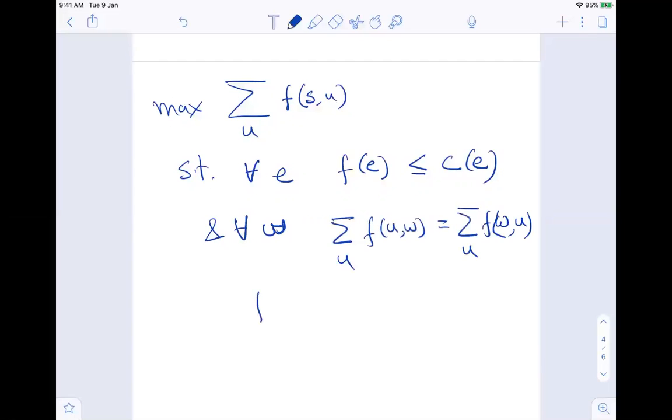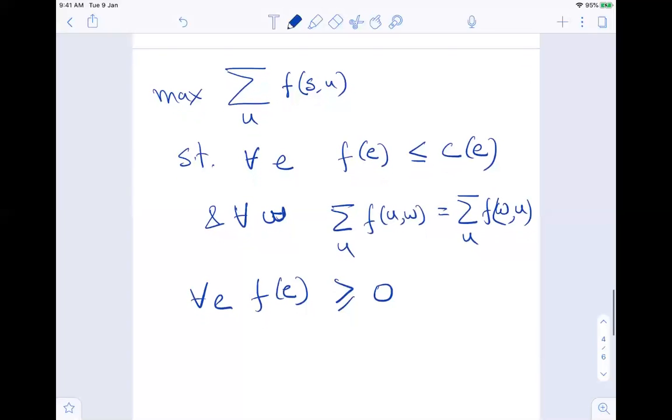And I also had to ensure that for all e, these are positive. So are you with me here? In a graph, this is all that we had to do. This is the definition of max flow.